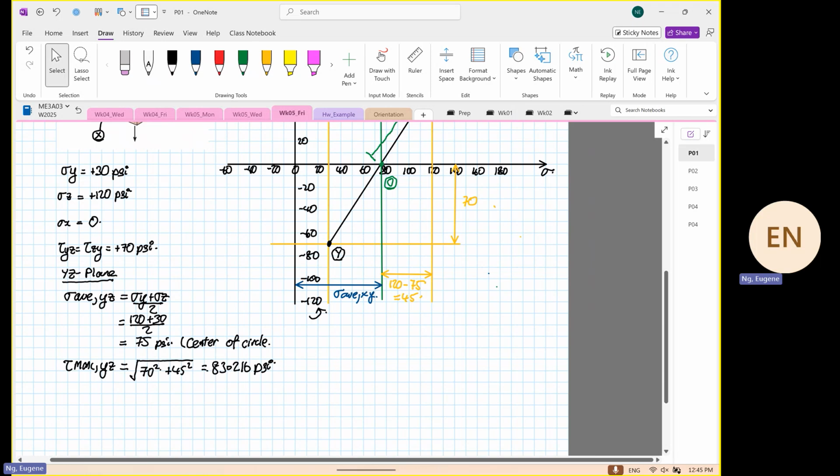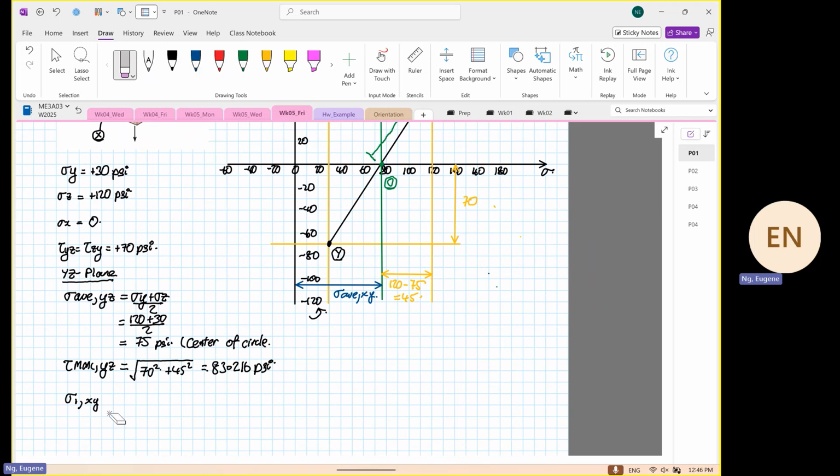Immediately from here, you calculate your principal stress, or we call it stress 1, 2, along the YZ plane. So this will be equal to what? Before I go on, this is the radius of the circle. We did not learn anything new, but we apply different things.